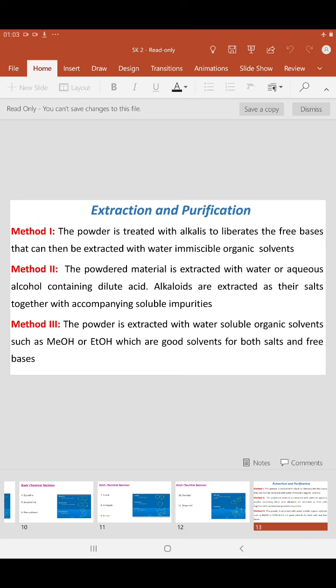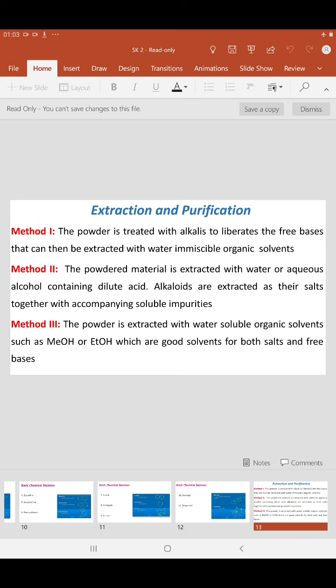Method 2. The powdered material is extracted with water or aqueous alcohol containing dilute acid. Alkaloids are extracted as the salts together with soluble impurities. This is the second method.